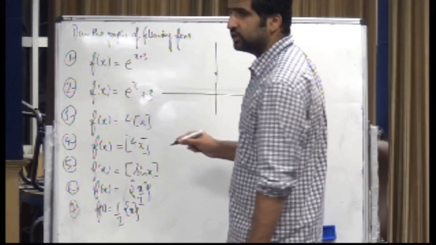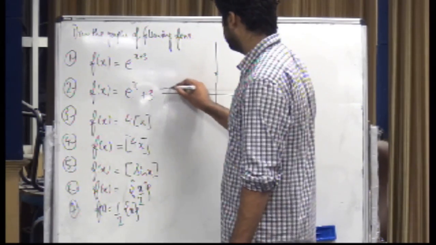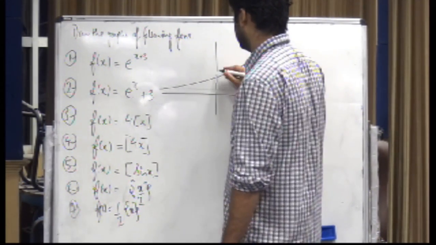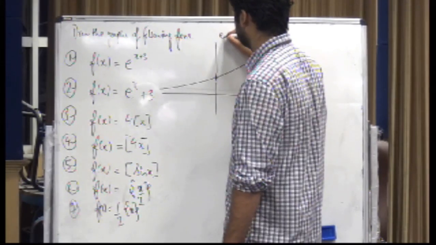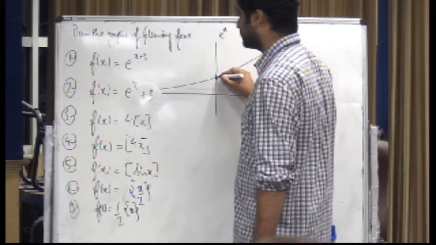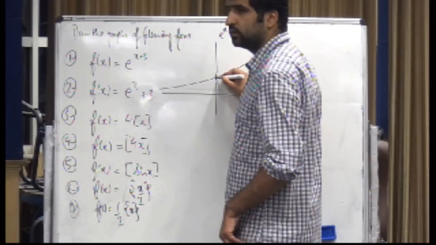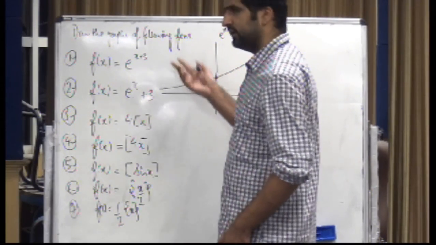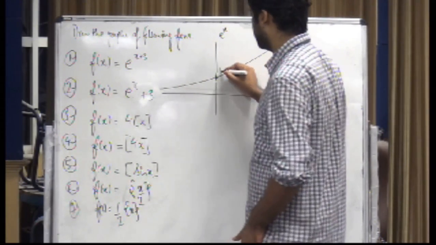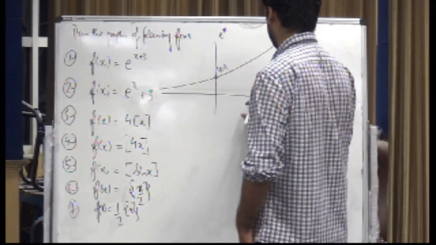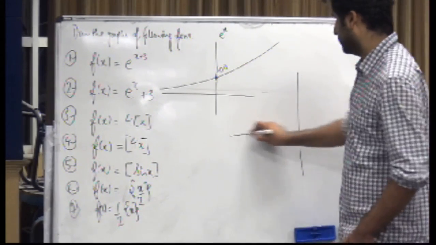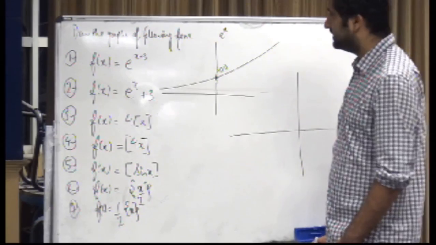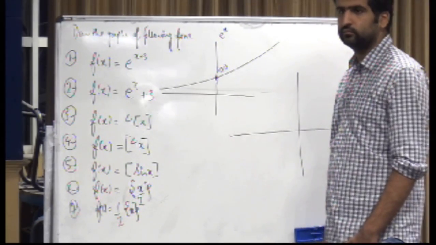At x is equal to 0 you're getting e to the power 3. No, first I'm making the graph of e to the power x, right? At x is equal to 0 you were getting 1 in case of e to the power x, yeah, so this point is 0 comma 1. So the same thing you will be getting at minus 3 comma 1, right?